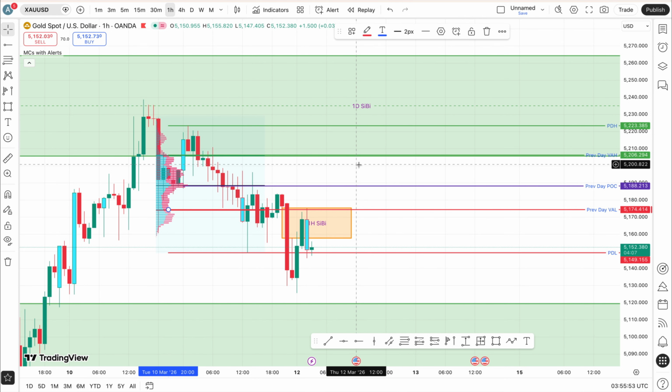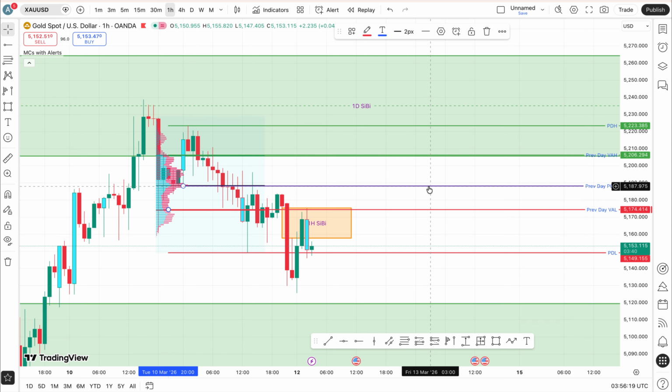Value area high being near a psychological resistance level makes it an important zone to see whether the market could face selling pressure. The point of control sits at another psychological level, it's between 5175 and 5200. So price may rotate around this or consolidate if it moves to this value.